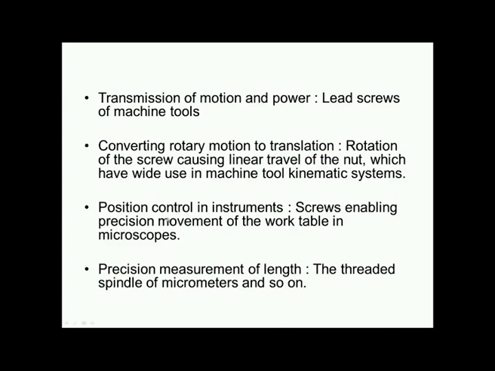Screw threads are used for position control in instruments, screws enabling precision movement of the work table in microscopes are examples, and screw threads are used in precision measurement of length, that is the threaded spindle of micrometer is an example for this.